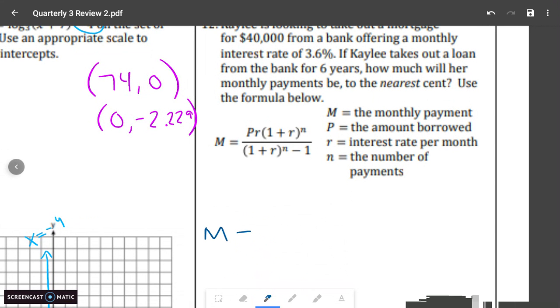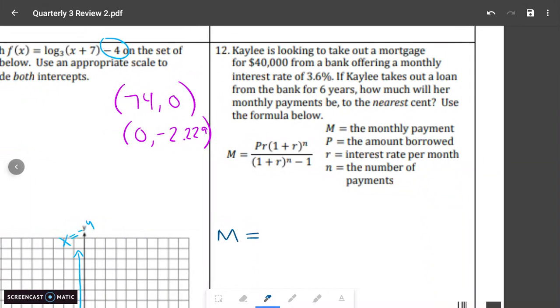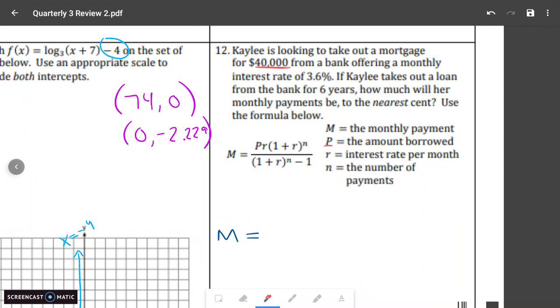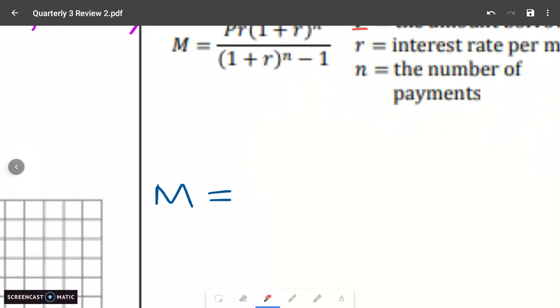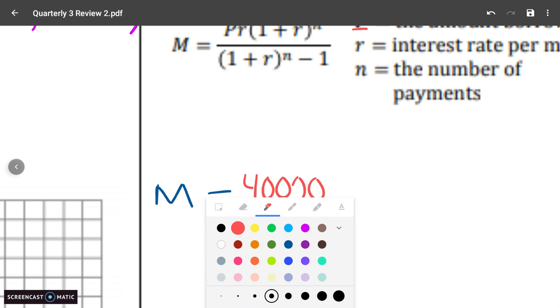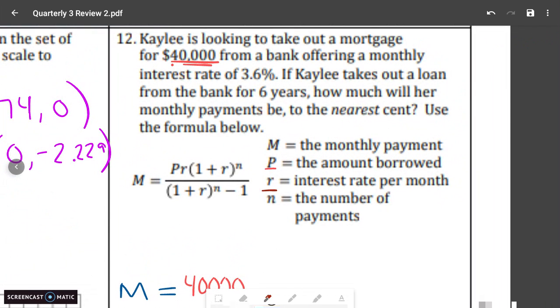We're starting there. Now, P is the amount that's borrowed. So since we're borrowing that, P is this, because she wants to take out a mortgage for $40,000 from the bank. So that's our 40,000 here. Now, when we go to find R, R is the interest rate per month.